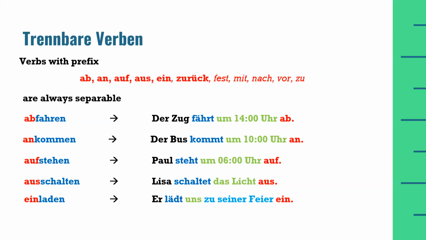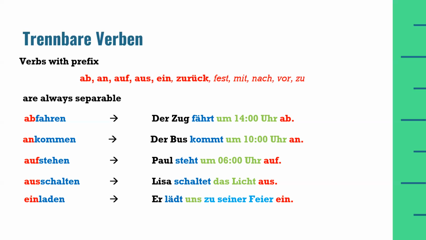Einladen. Er lädt uns zu seiner Feier ein. He invites us to his celebration or party. So ein is again a prefix. Whenever it is used with a verb, then the verb becomes separable.